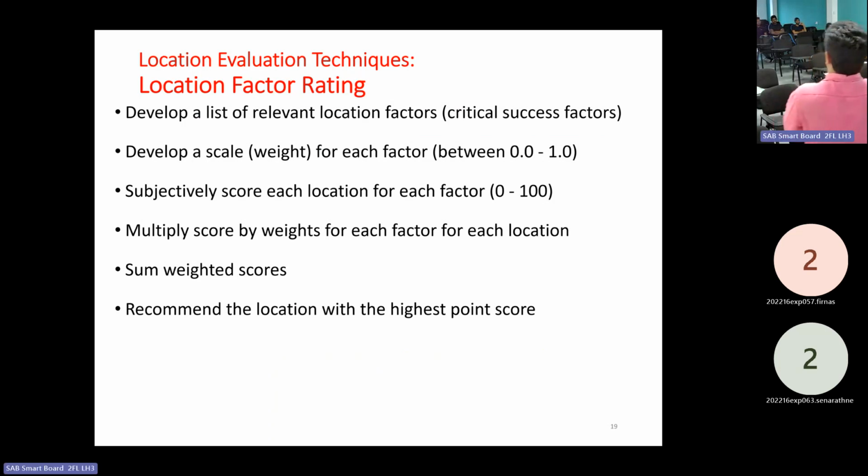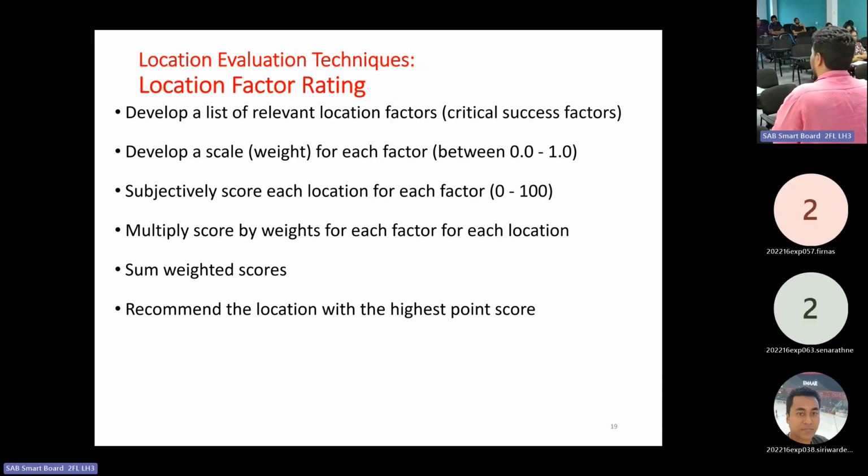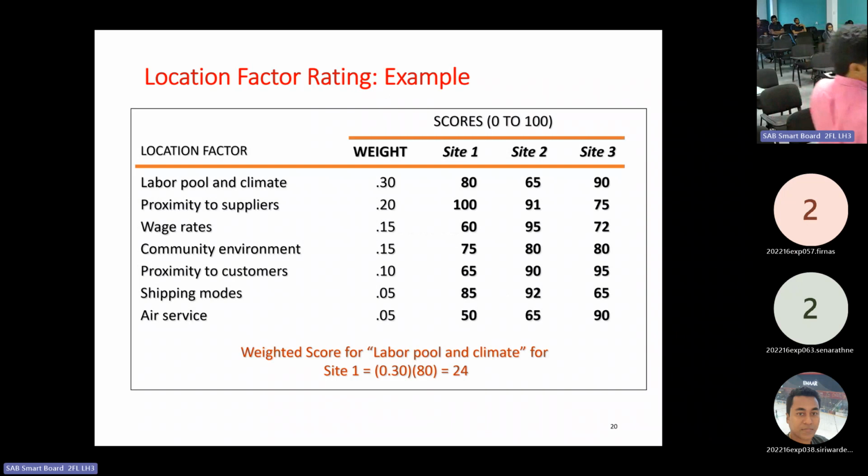A score close to 100 means that location is very much preferred. A score close to 0, least preferred. So by looking at the example, they are comparing site 1, site 2, and site 3, three alternative places. So these are the scores assigned.